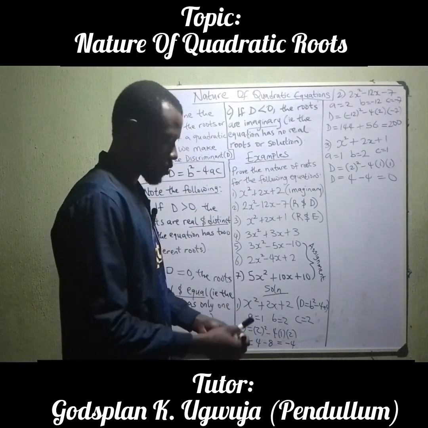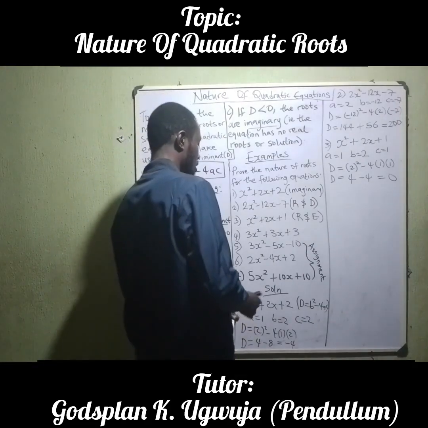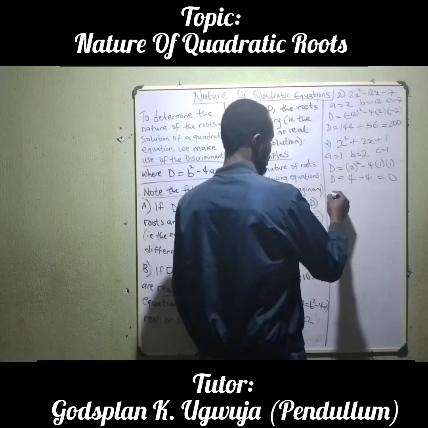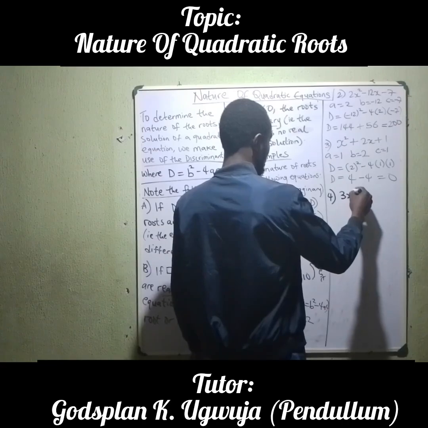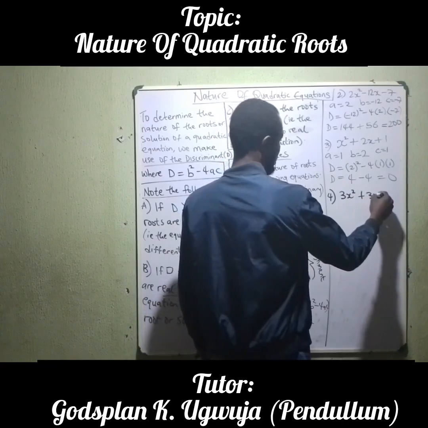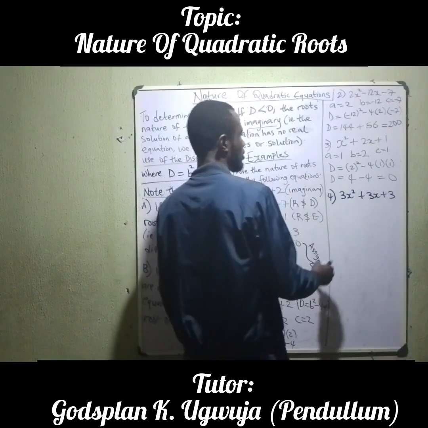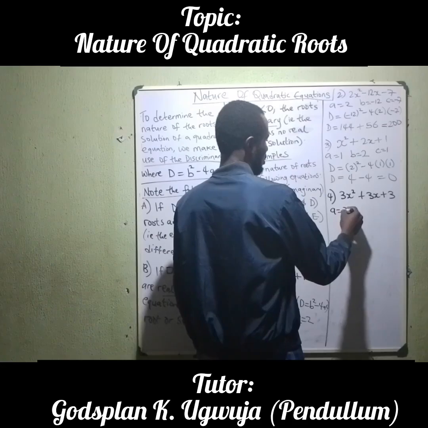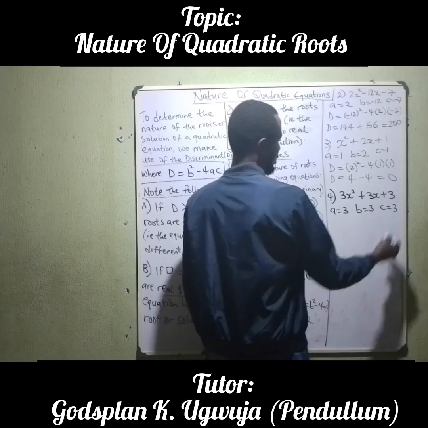Real and equal. And then finally, let's look at the last one. We have 3x squared plus 3x plus 3. Our a is 3, our b is 3, our c is 3.